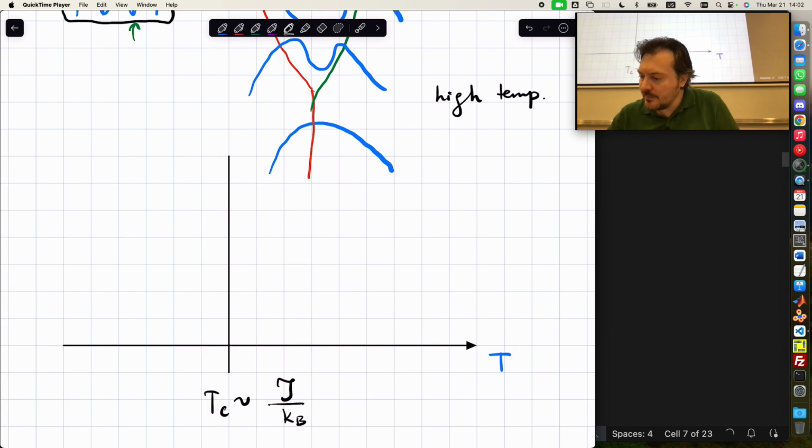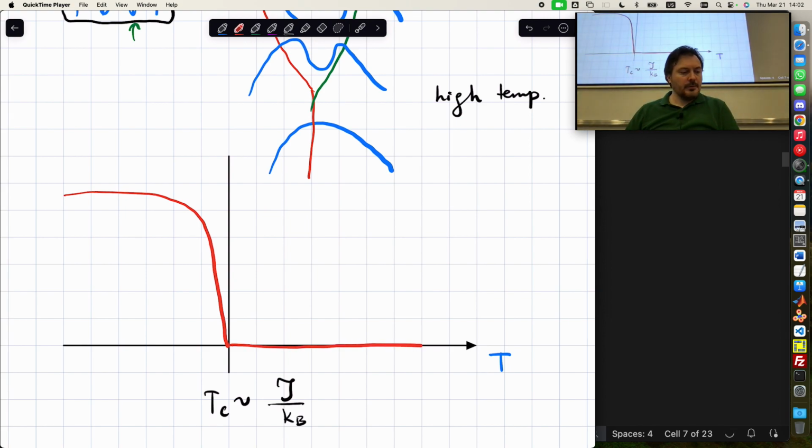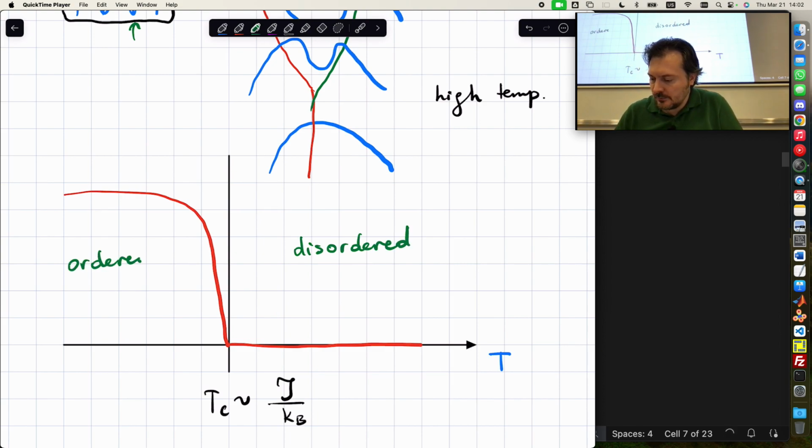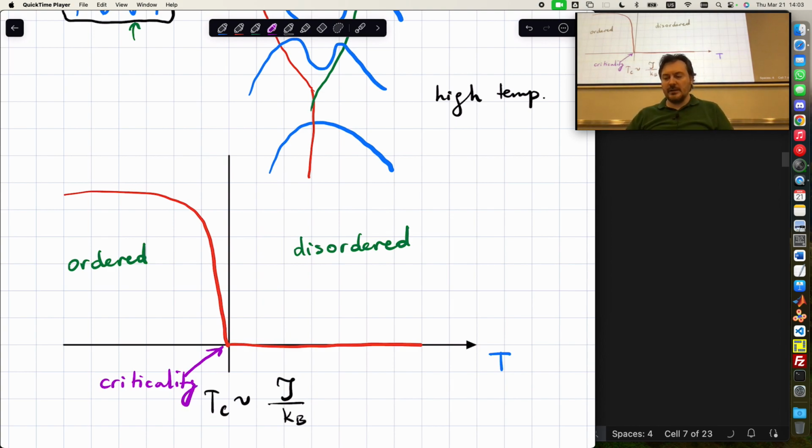So you have magnetization on this side, and then it will suddenly go down to 0. Okay? So we will have the disordered part here, and the ordered part here. And this will be the critical part, criticality. This will be all about criticality.